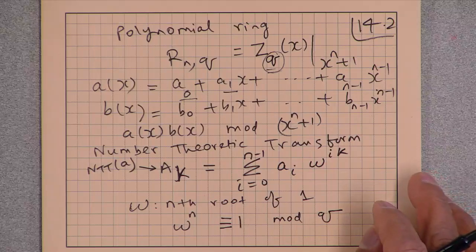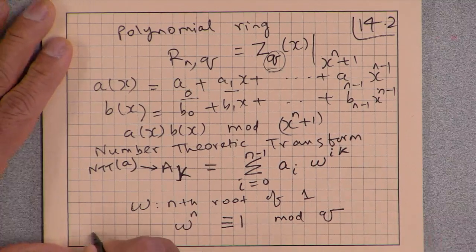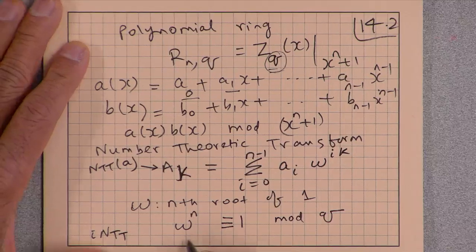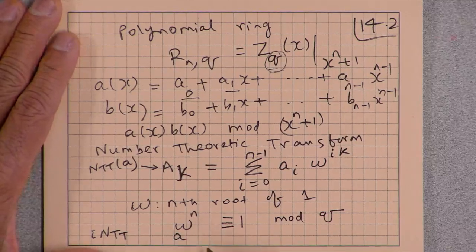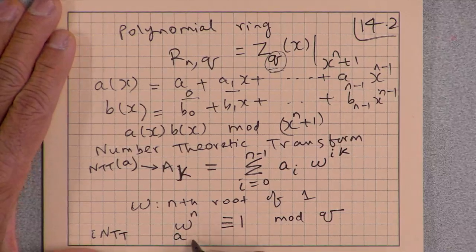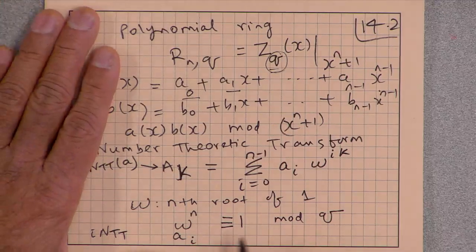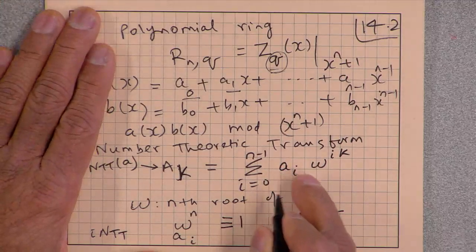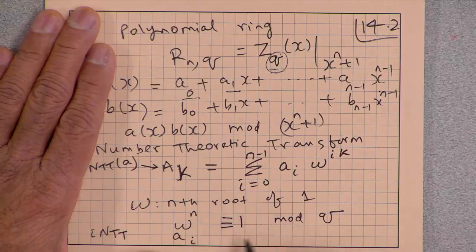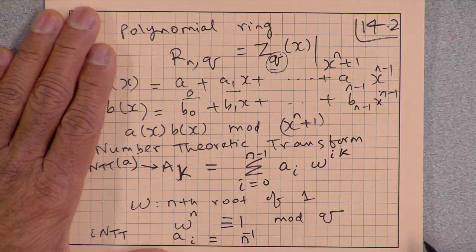And similar to the IDFT, we can also define the inverse NTT. So I want to get back A_I from A_K, and that is going to be N inverse.